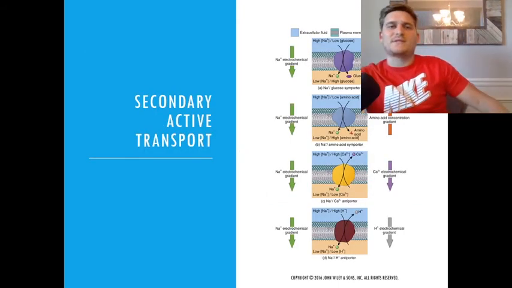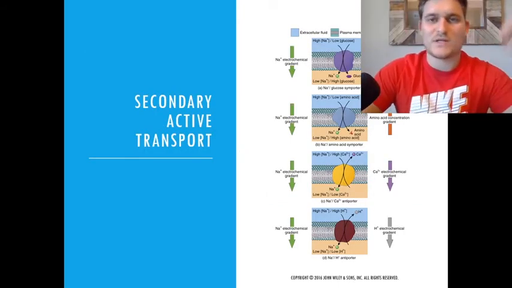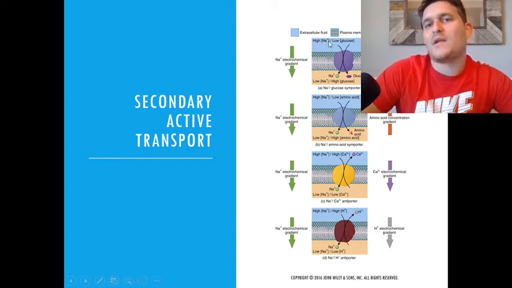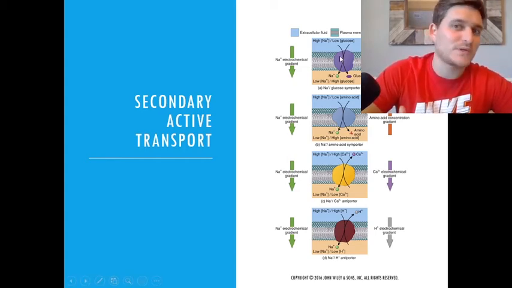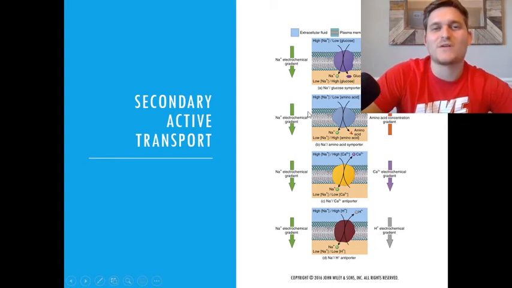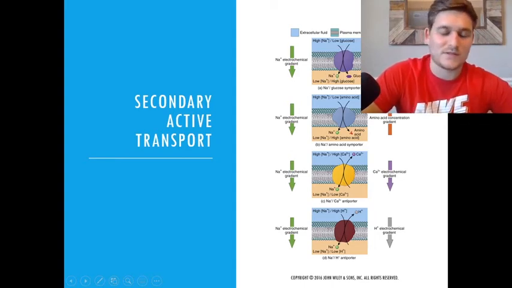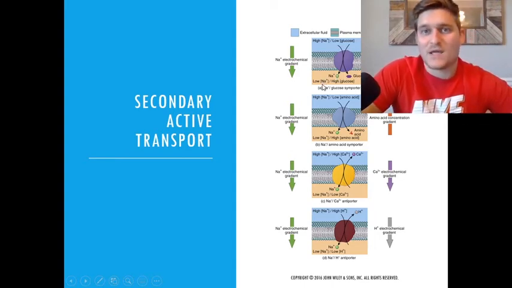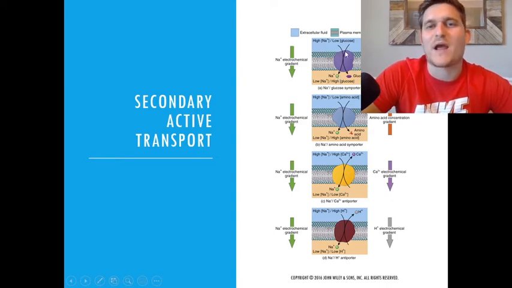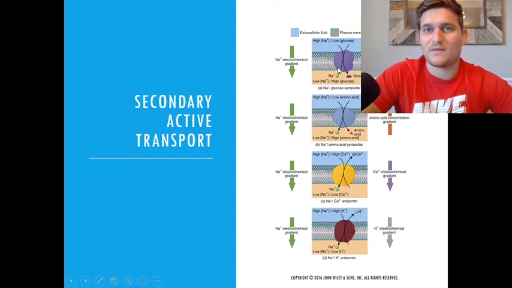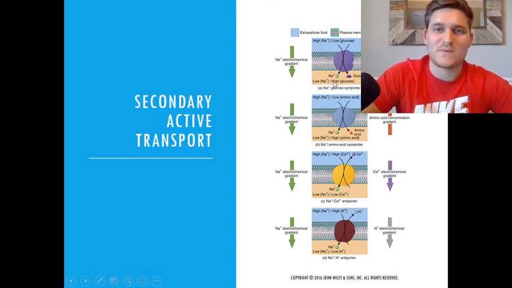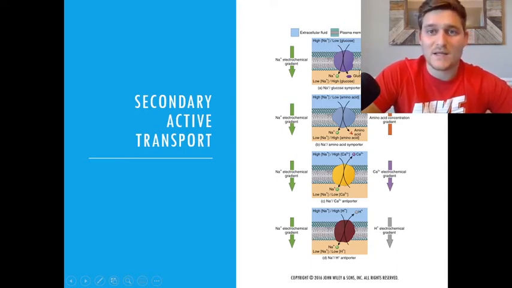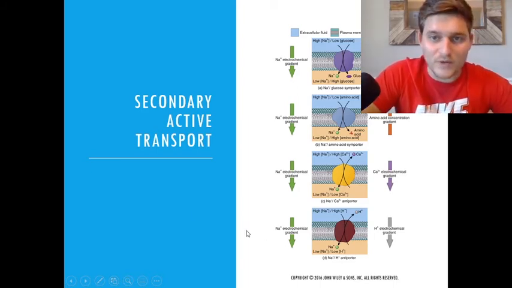We have different types of secondary active transport, and the name of these proteins are actually going to change based on the direction of ions or the direction of molecules. And so when the solute or the molecule is moving in the same direction as the solute we're hitching a ride from, if they're moving both from the extracellular space to the intracellular space, that protein is going to be called a symporter.